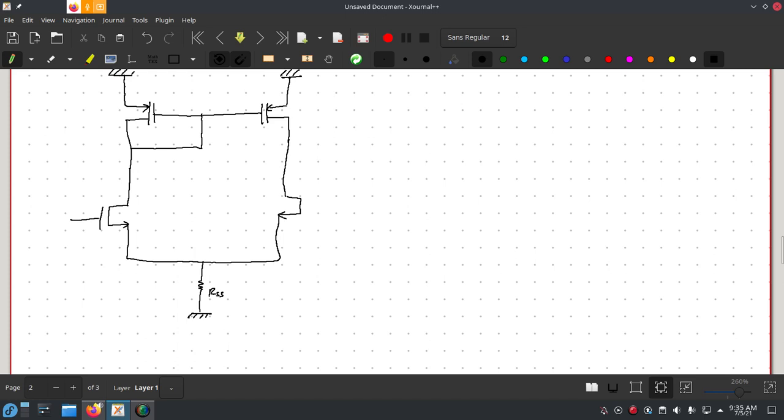This one I have given VICM. To this also I have given VICM, the common mode input. So I have to find V0 by VICM. V0 is this. So this one is r04, r03, r04, r02, and this is r01.